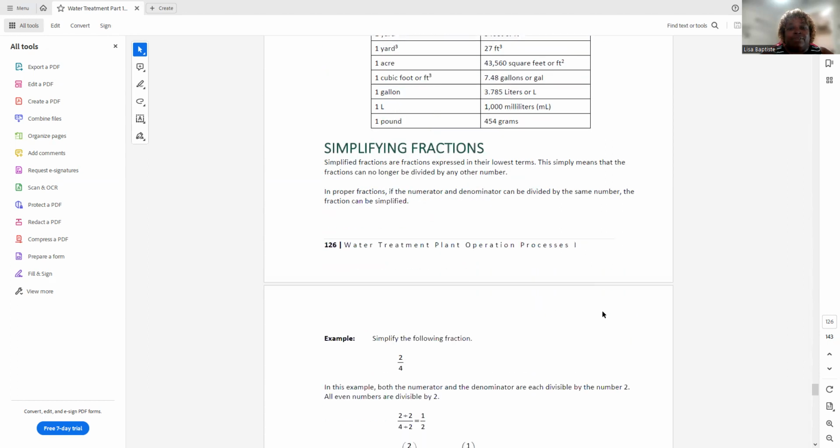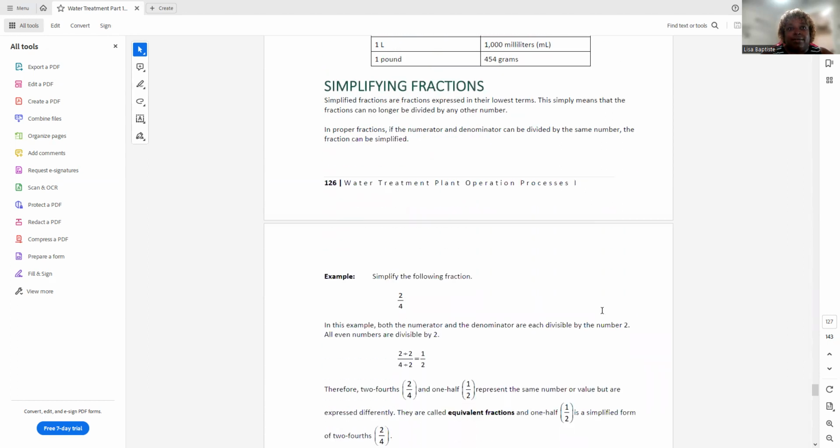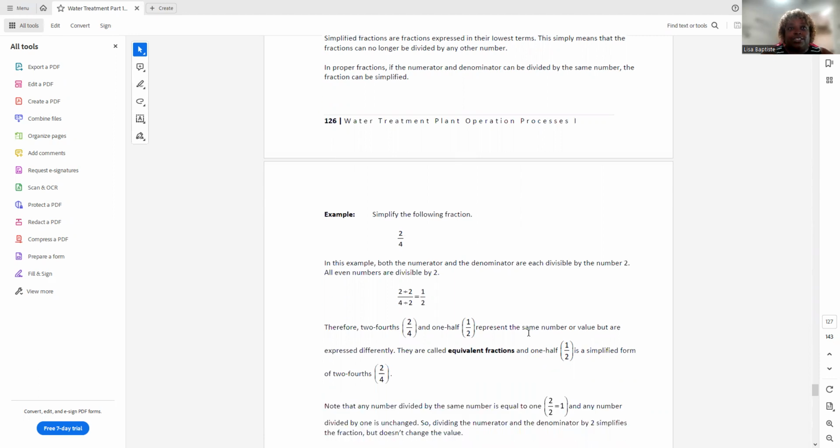Then we have simplifying fractions. I'm just going to go through some of these things briefly, because I'm sure you've already learned some of them in your years of education, but I wanted you to refresh your memory. It's something you'll be doing math-wise in this class as well.